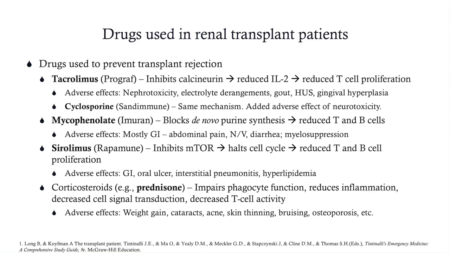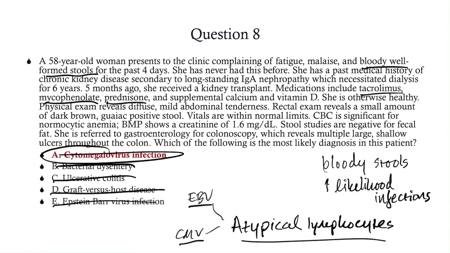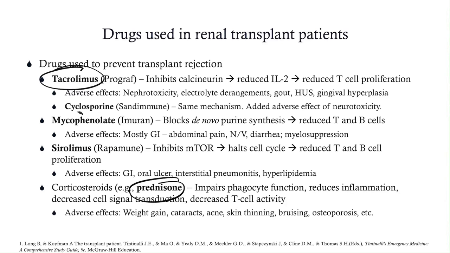I am not going to go through all of these, but what I want to point out is she's on this one, she's on this one, and let's see, what else was she on? Tacrolimus and mycophenolate, right? So this reduces T cells, this reduces T cells, and this decreases T cell activity. So she is immunosuppressed, particularly those T cells. And those T cells are responsible for fighting off viruses and also some fungi.